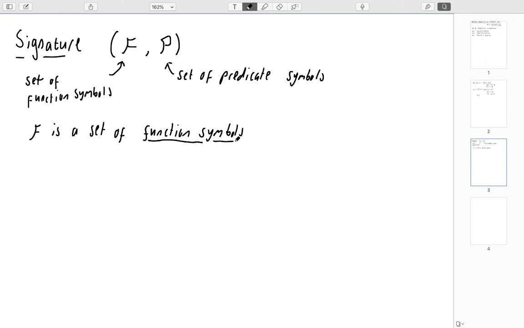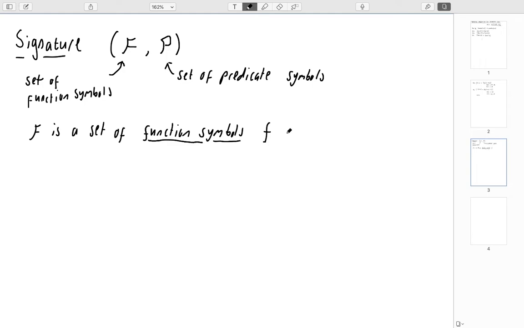So a function symbol is basically given by its name, but it also has another associated piece of information. Let's use a little f as a generic name for a function symbol. But it doesn't just have a name, it also has some other piece of information which is called its arity, which is the number of arguments it takes. So when you apply the function symbol, how many arguments does it have?